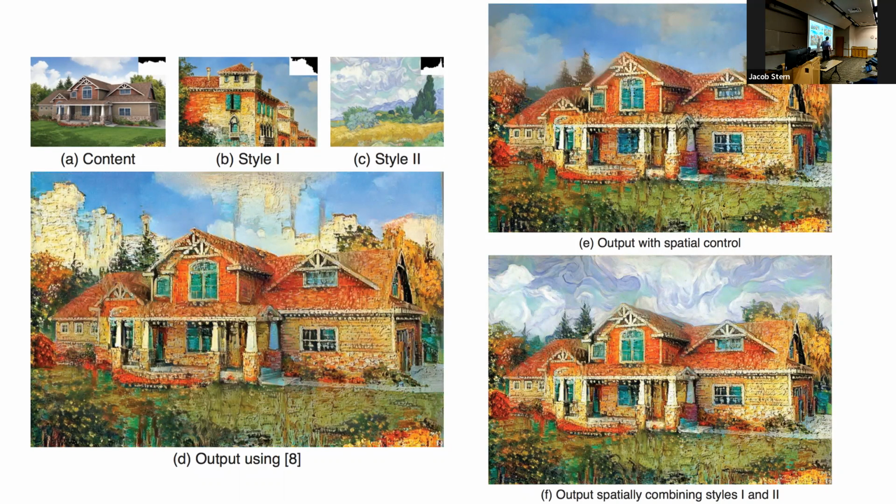In this last one, we combine style 2 and style 1: we apply the sky from style 2 to the sky of this image, and the house style from style 1 to the house. You can see a nice boundary there, where you're getting the sky in the style of style 2 and the house in the style of style 1.